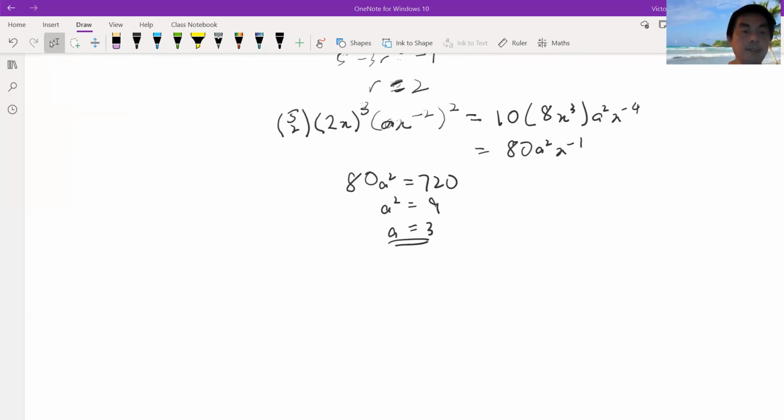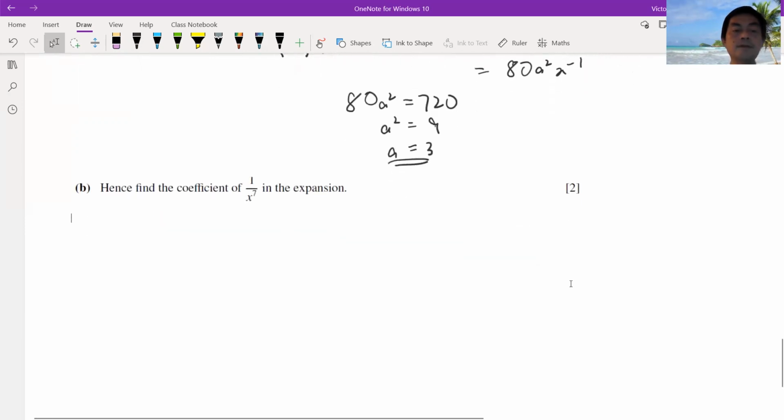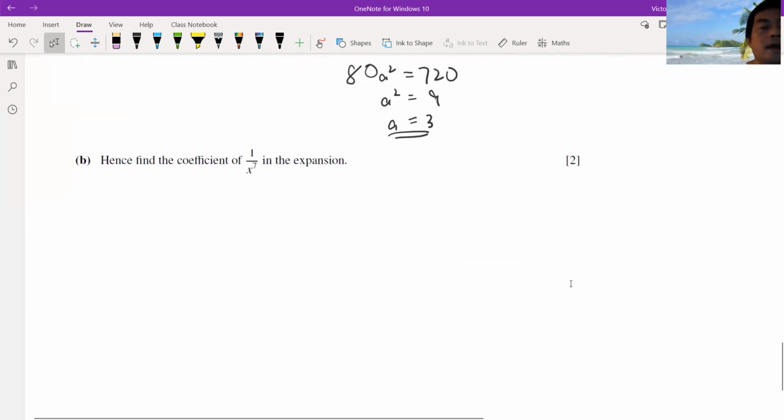Question B. Find the coefficient of 1 over x power 7 in the expansion. So 1 over x power 7 has a power of -7.